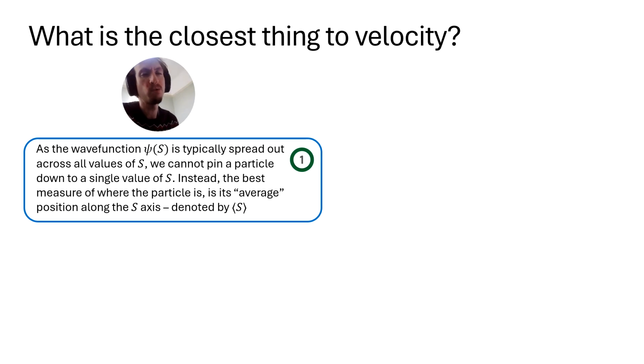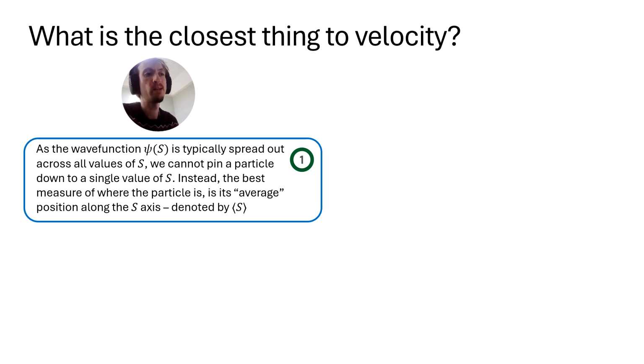So the closest we can get to where the particle is within the context of quantum mechanics is the expectation value, or if you like, the mean value of S.